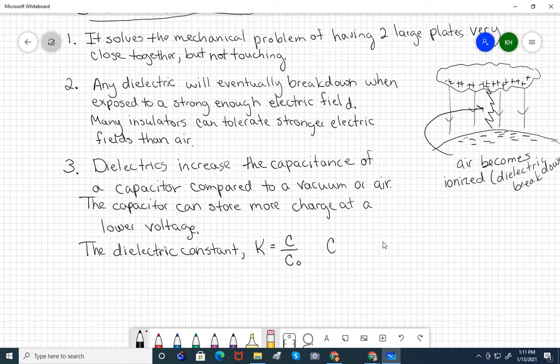So C is the capacitance with the dielectric, and this is the capacitance in a vacuum.